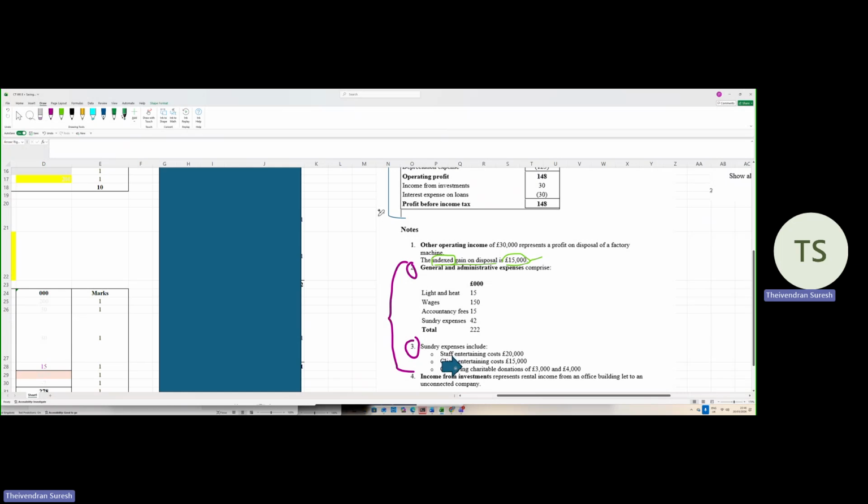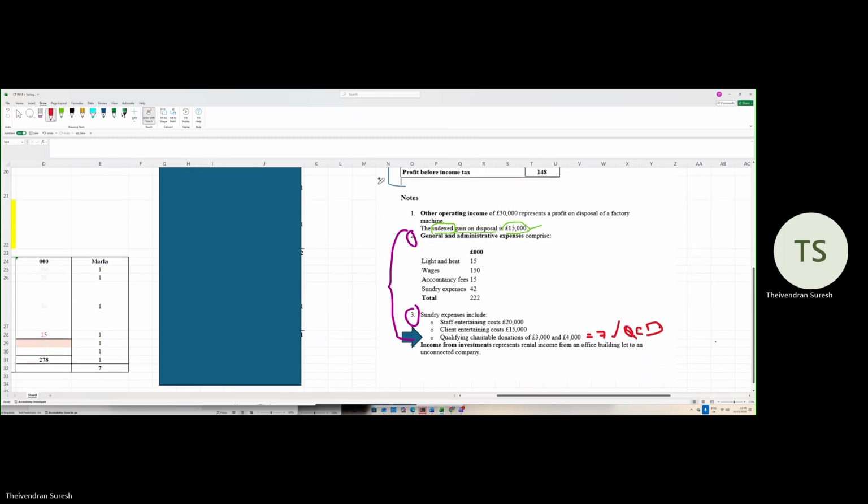You can see they have given us the charitable donations: 3,000 and 4,000. That means altogether 7,000 is charitable donations. In short form, we call them QCDs, qualifying charitable donations. But the issue with these QCDs is that these are not allowable expenses.